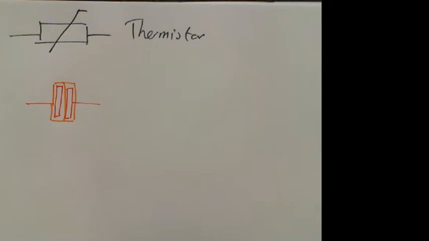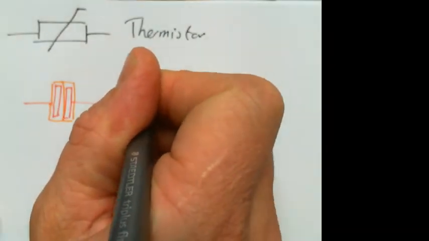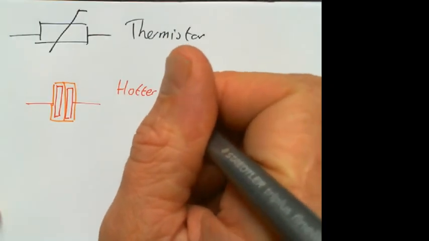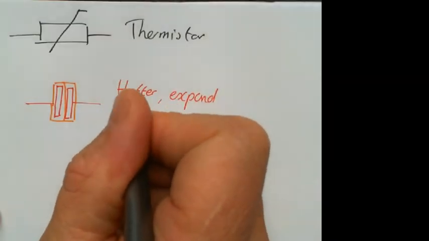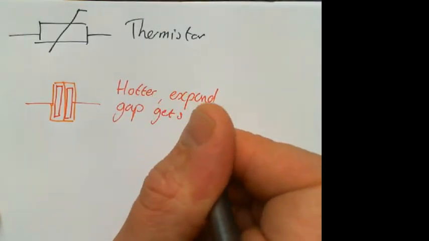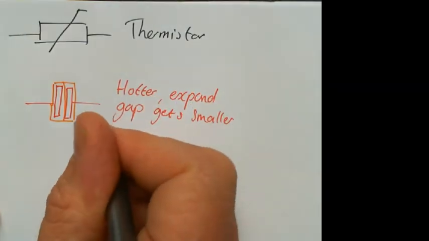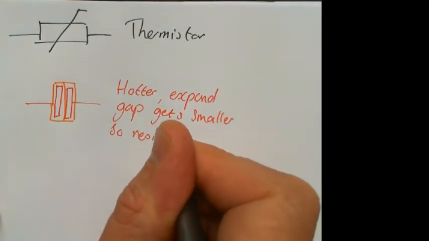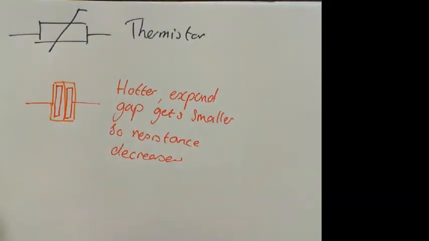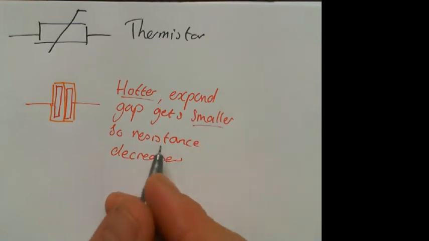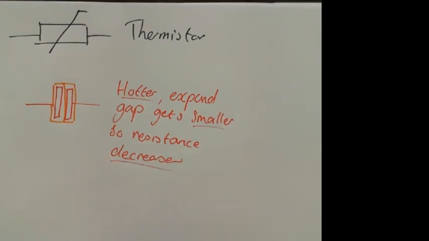So that means hotter, they expand, so the gap gets smaller. So resistance decreases. And conversely, if they're colder, the gap gets bigger, so the resistance increases.